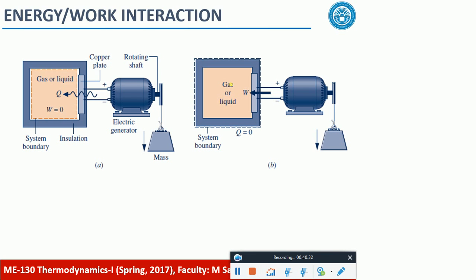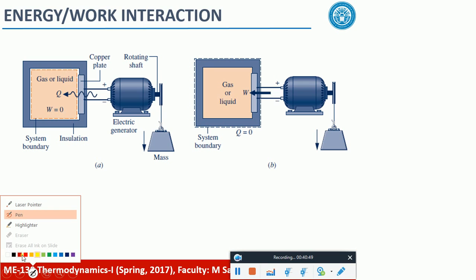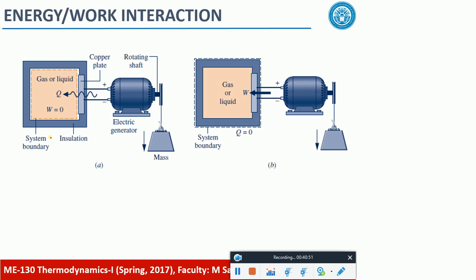Okay. Now, gentlemen, just look at this figure, just to answer your question, because that was my next slide, that's why I went into that detail. If you look at this gas only as your system, this gas inside that container. Now, this is the control surface and it is isolating what?